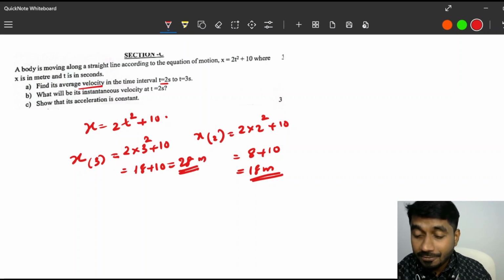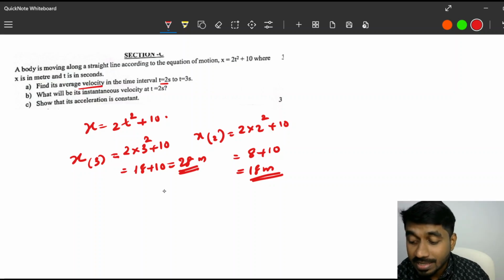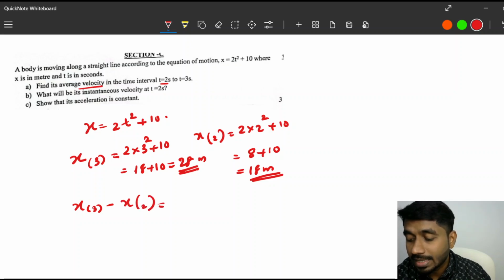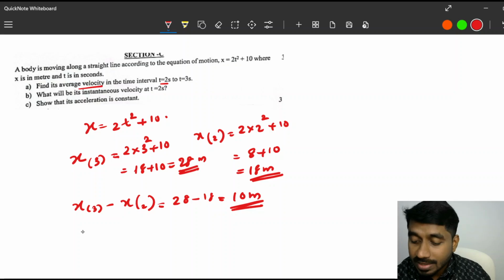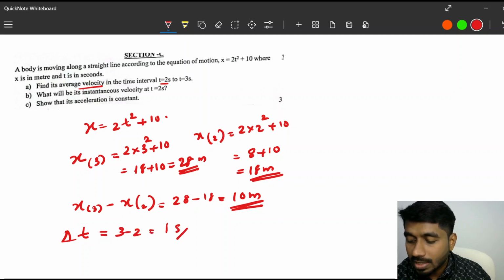Now find the difference in the position, which is the total displacement: the position at 3 seconds minus the position at 2 seconds is equal to 28 minus 18 is equal to 10 meter. Clear? And what is the total time taken? The difference in the time is 3 minus 2 is equal to 1 second.